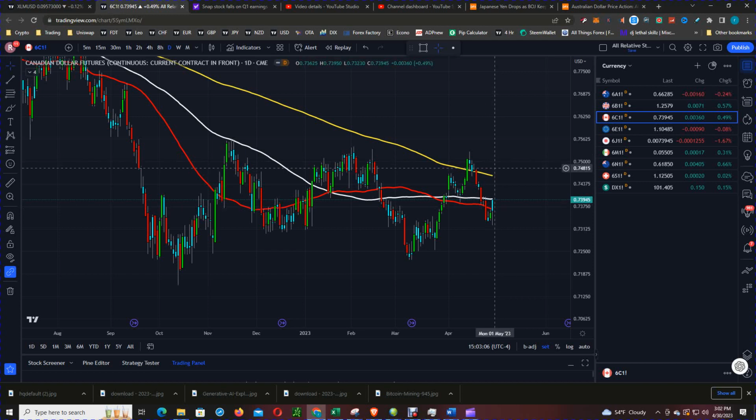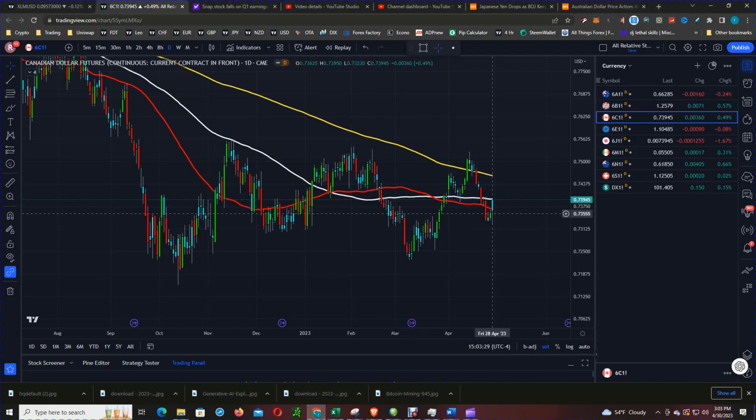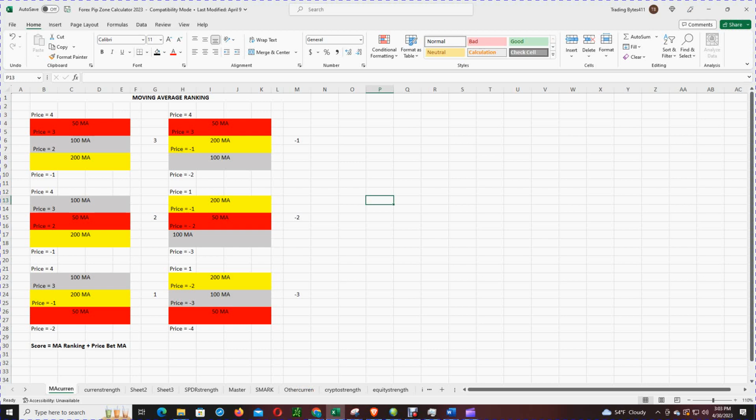We're looking for the order of the moving averages: you have the 200, the 100, and the 50, and price is between the 50 and the 100.